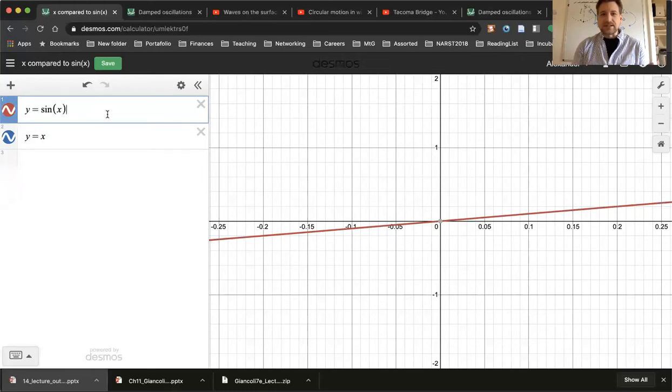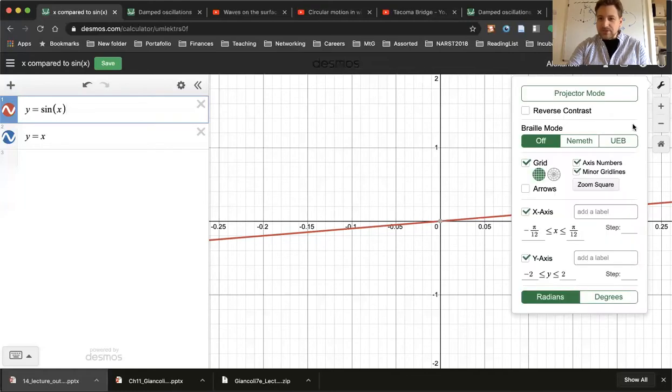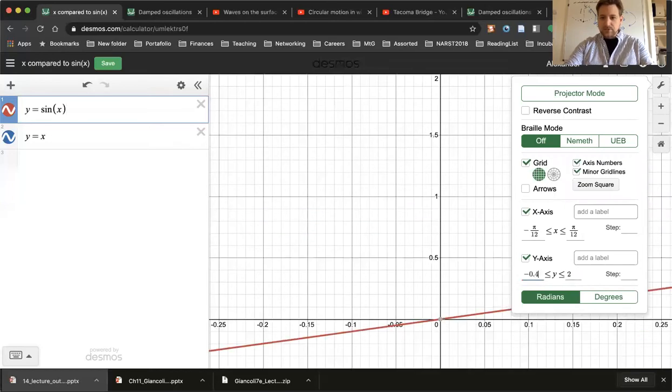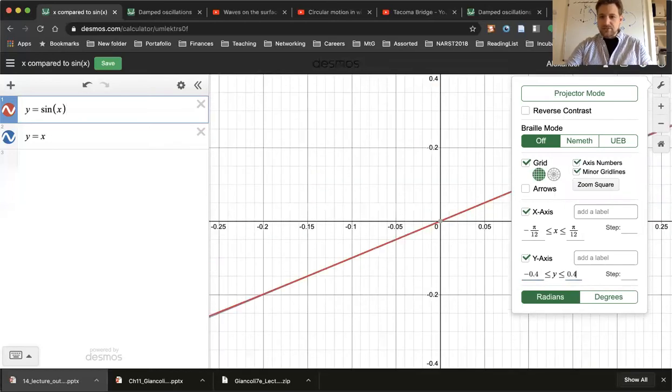Those are essentially the same graph. I mean, I can't tell the difference. Maybe if we zoom in a little bit and only go to negative 0.4 to positive 0.4.